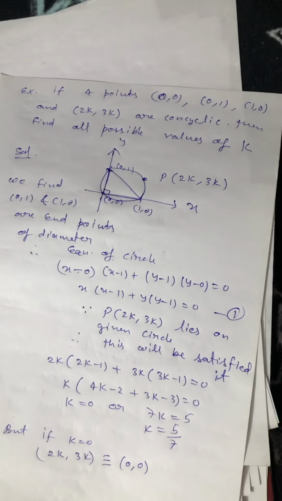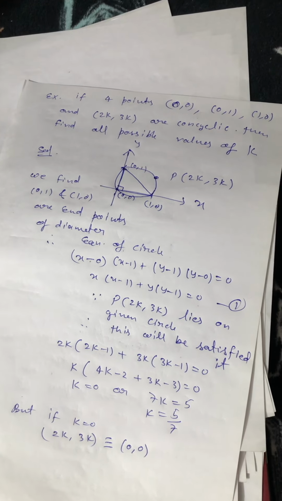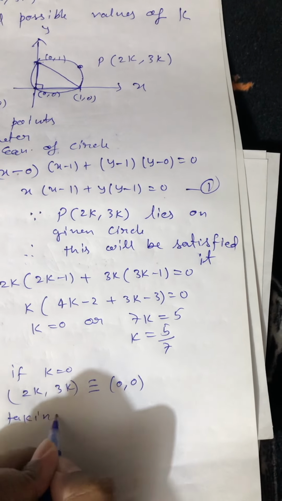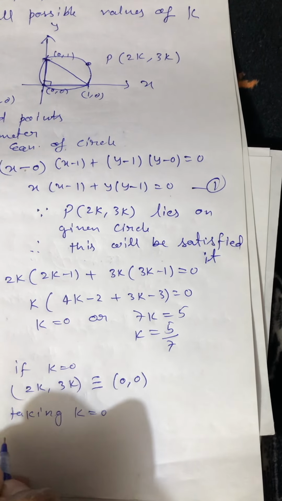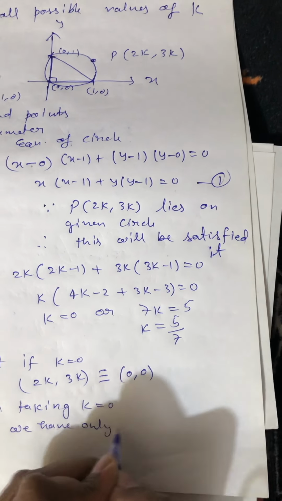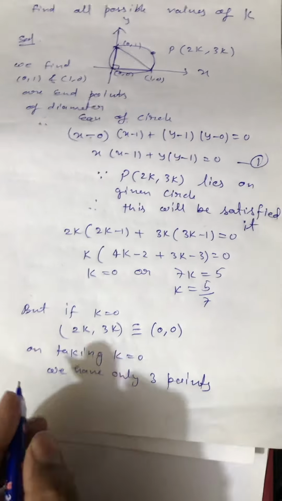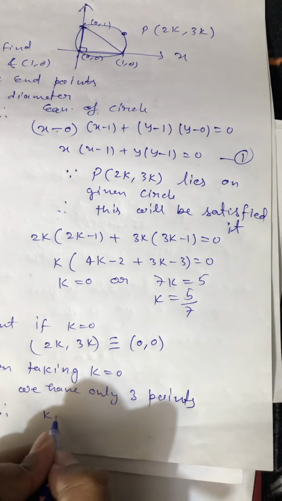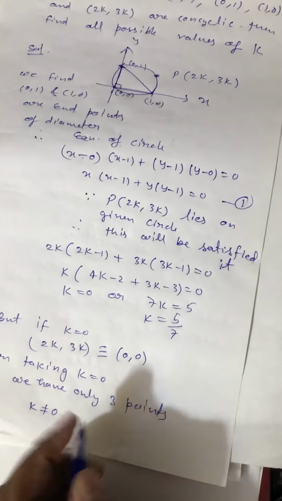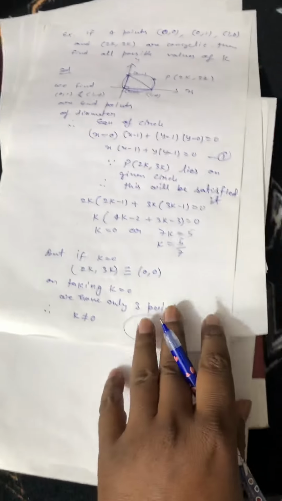We are given four points, but if I take the value of k as 0, then there will be only three points, which is not possible because four points were given. Therefore k cannot be 0. This will be rejected. So finally the answer k is 5 by 13. That will be accepted.